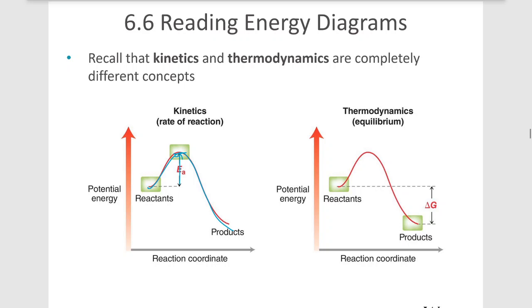How high is that barrier that we have to overcome? And thermodynamics is talking about stability at equilibrium. How much more stable are the products than the reactants at equilibrium? How much of a favorable energy gain do we get from having those reactants form products? If we get a larger negative delta G, then we're going to have a more stable system at equilibrium for our products.